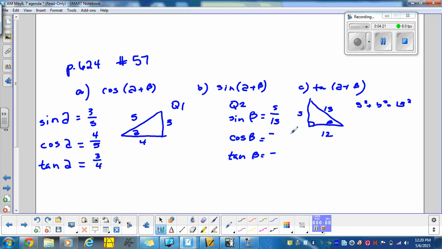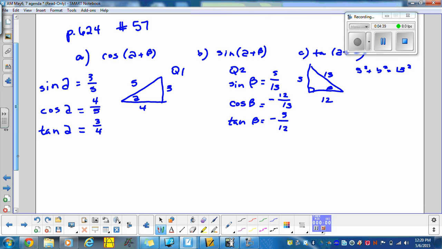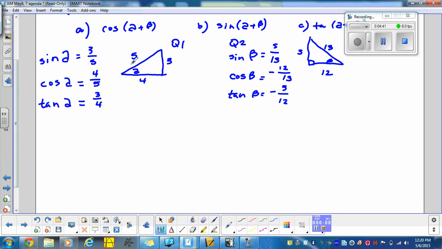So the cosine of beta is negative 12 over 13. And the tangent is 5/12, again, negative. Now, I have all of my trig functions, and because I have all of my trig functions, I can now find the cosine of alpha plus beta, the sine of alpha plus beta, and the tangent of alpha plus beta.